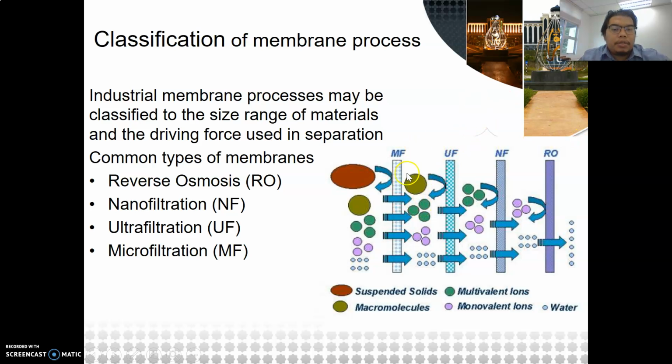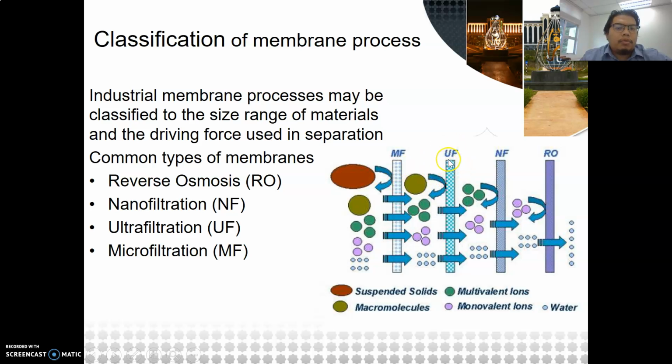So for microfiltration, for example, if you have five different sizes of particles here, it will permeate, or allow, these four particles to pass through, while the large particle will be retained.